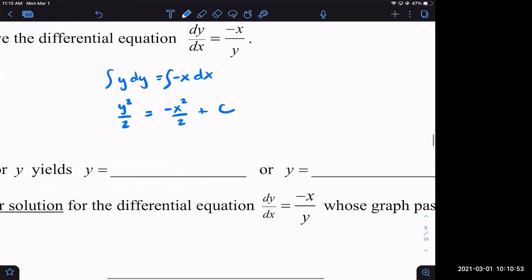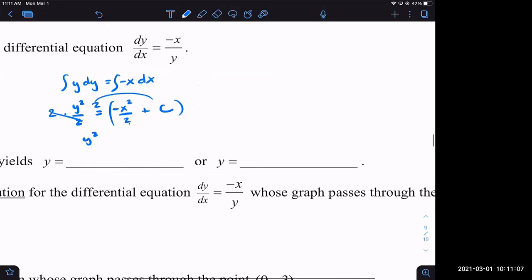What would we do at this point? Times by 2. If we multiply both sides by 2, we would get y squared. Those 2's cancel out. The 2 gets multiplied by a constant, but 2 times a constant is still a constant. So I can just say y squared equals negative x squared plus c.